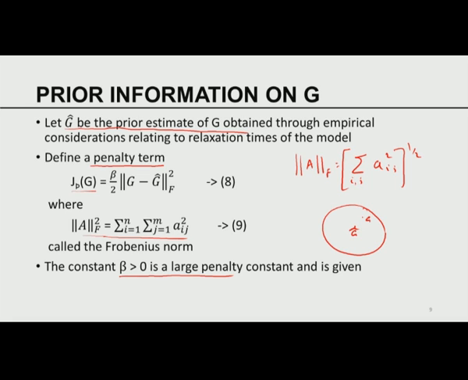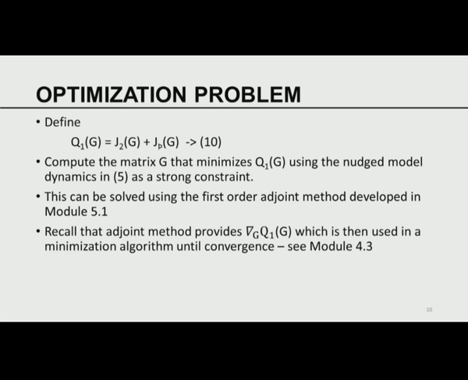So we have two terms now. One, I don't want my new estimate to be too far away from the old estimate they have used based on heuristic consideration. I am giving myself some freedom by being able to choose the penalty parameter. At the same time, I have the forecast error term, the sum of squared errors.